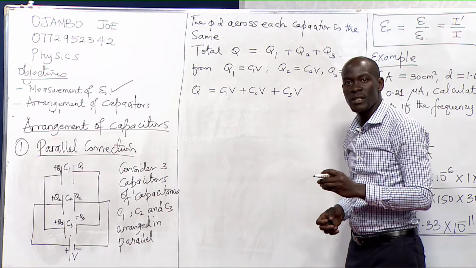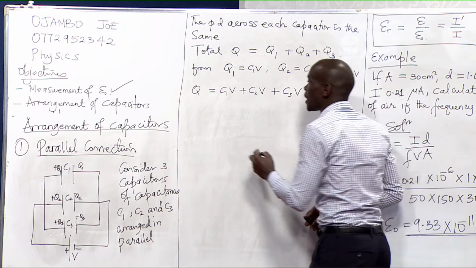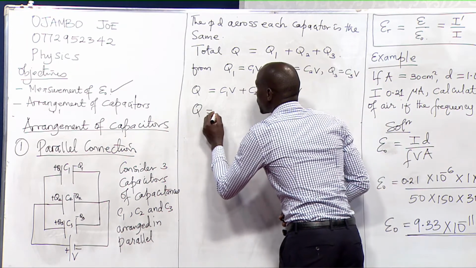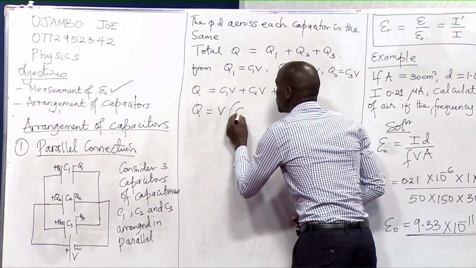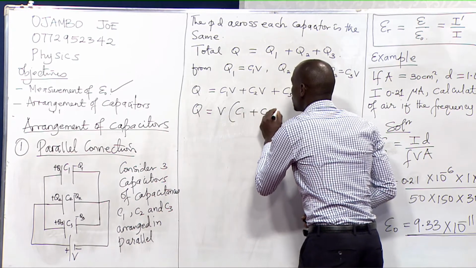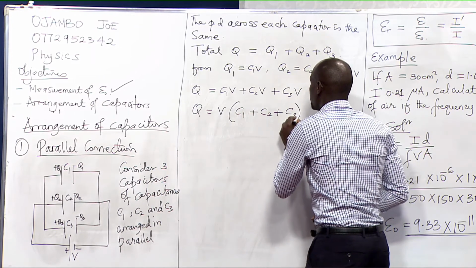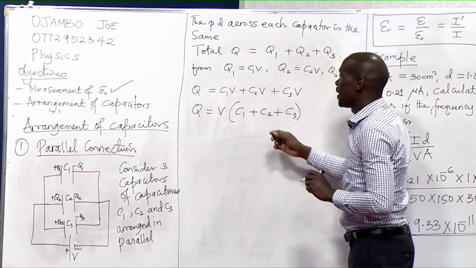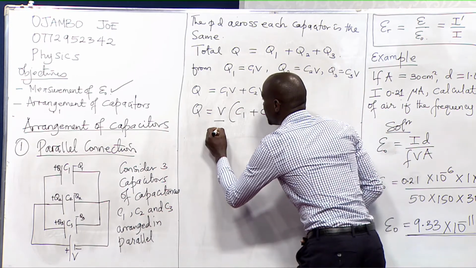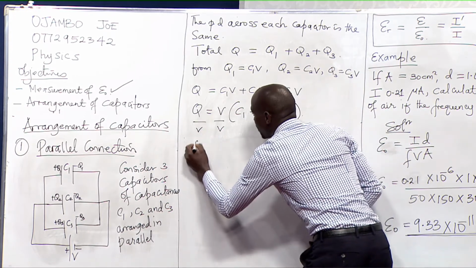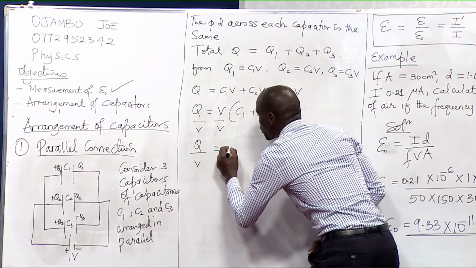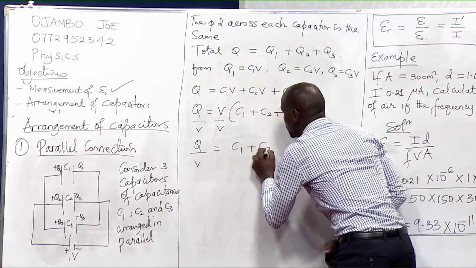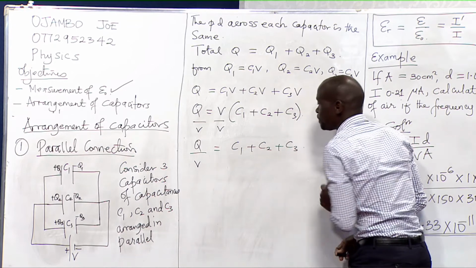Have it factorized out. At factorization, we shall have Q is equal to V into C1 plus C2 plus C3. So if I went ahead and divided here by V, we shall have Q over V is equal to C1 plus C2 plus C3. Okay?